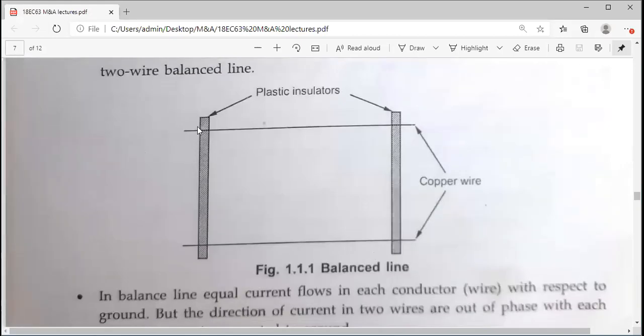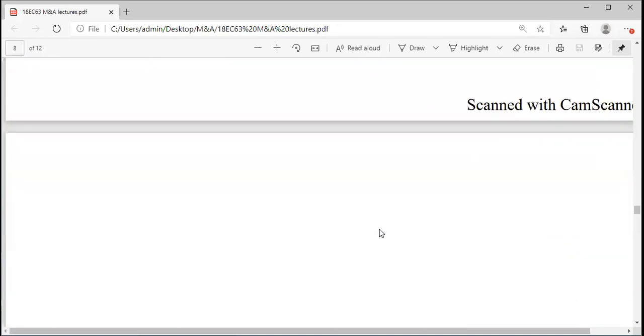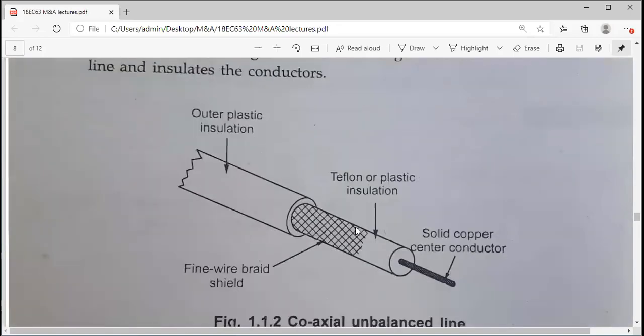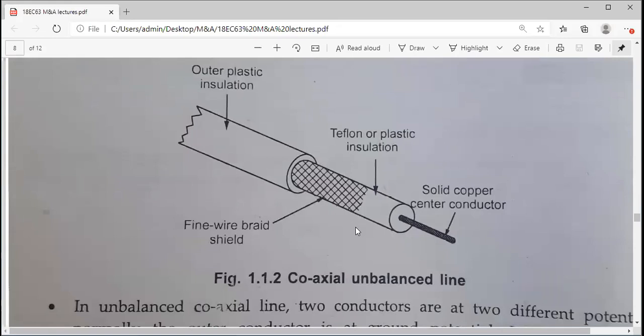Balanced line means two parallel lines, copper wires, two lines. You can see them on your roadsides. These kinds of parallel lines, you can see. Unbalanced, the example is coaxial cable.